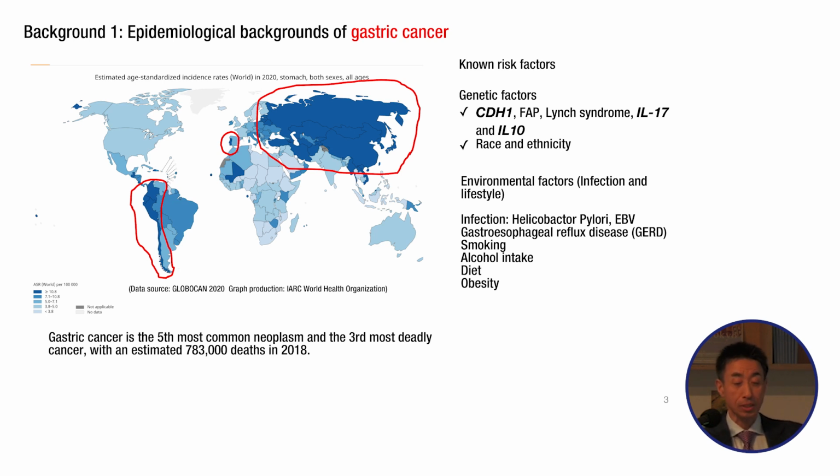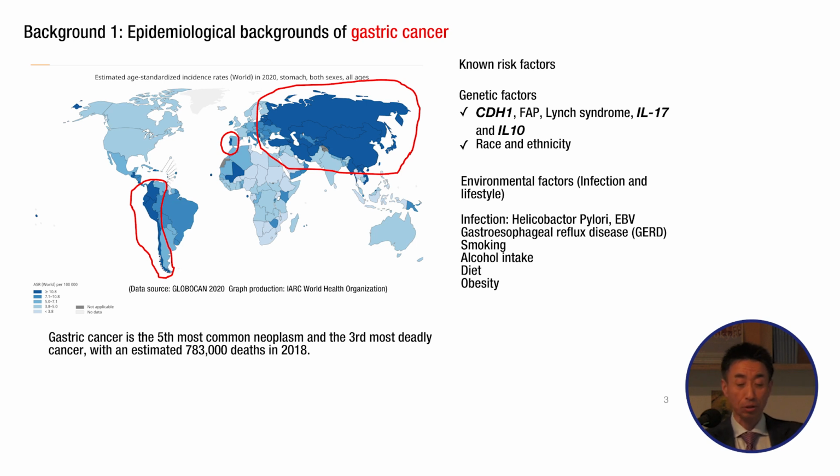But similar frequencies are also observed in South Africa, South America, and a part of Europe. So there is diversity in the frequency around the world. We don't know why, so we would like to know the cause of these different frequencies.